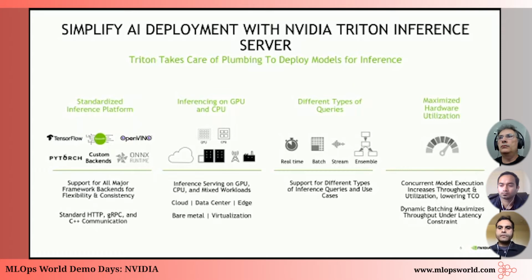And then lastly, the final key advantage that I wanted to share here on this slide around Triton is the features that allow you to maximize your hardware utilization of your CPUs and GPUs to get the best possible performance, but ultimately translate that to lowering the cost of production deployment. In particular, we have two features in Triton that allow us to maximize utilization to get higher throughput. And the first is concurrent model execution.